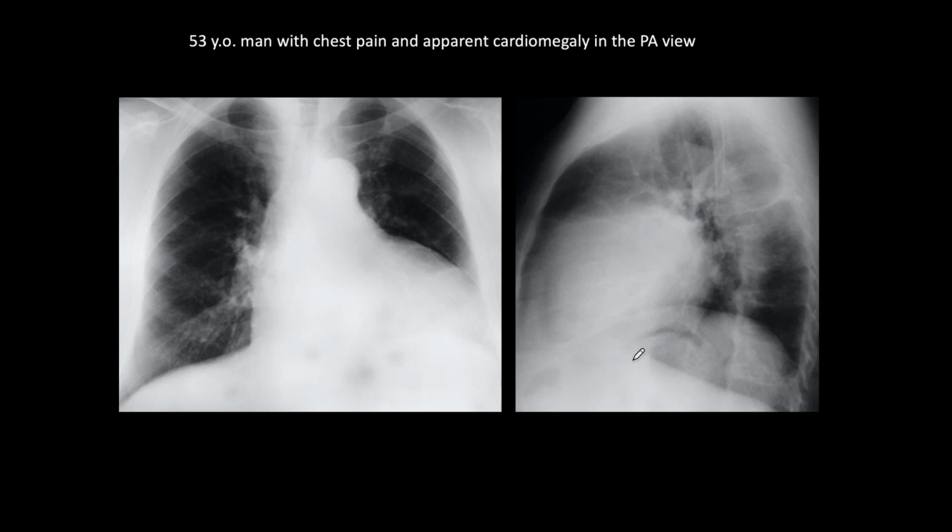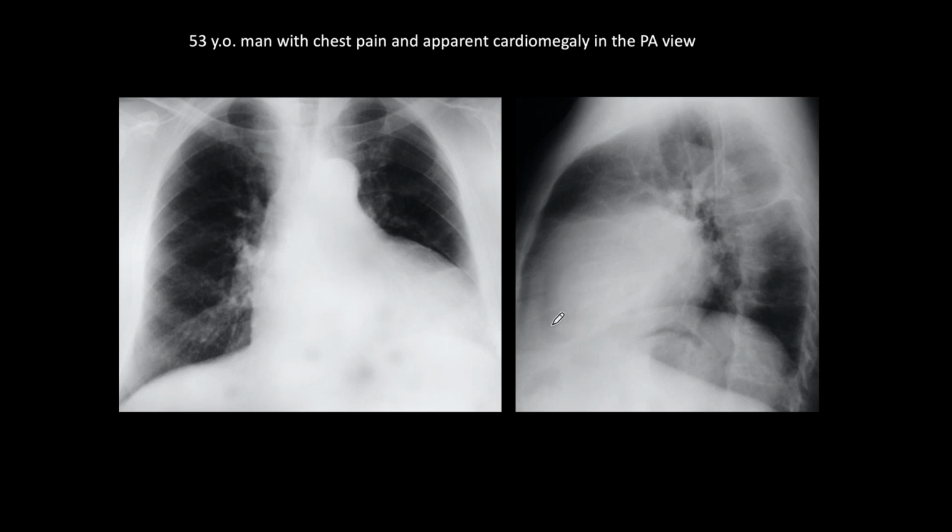You cannot differentiate fat from water density, from soft tissue densities. But in the lateral view, in the heart, you can see the epicardial fat, which is this gray area, superimposed or in front of the myocardial density, which is more dense.